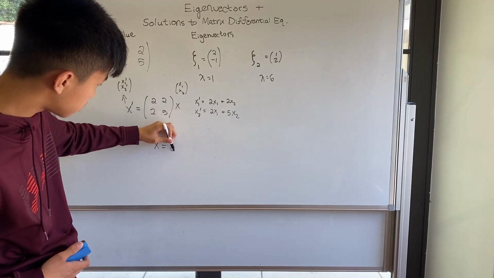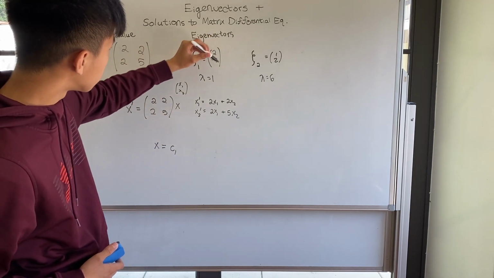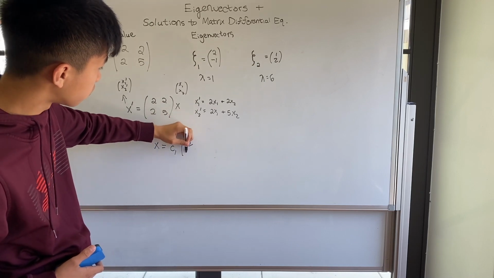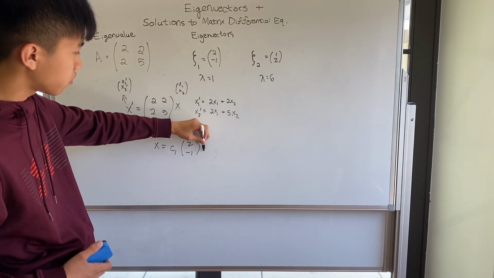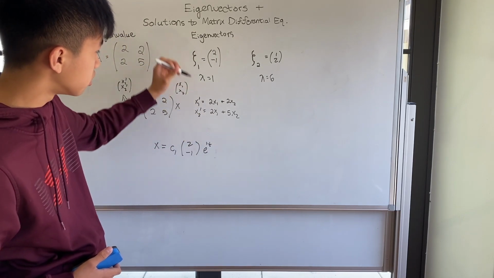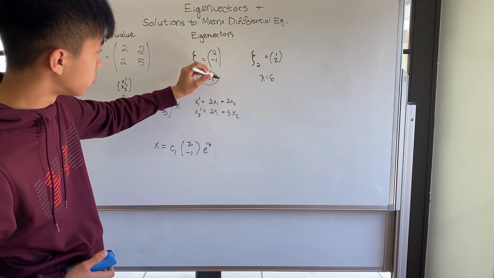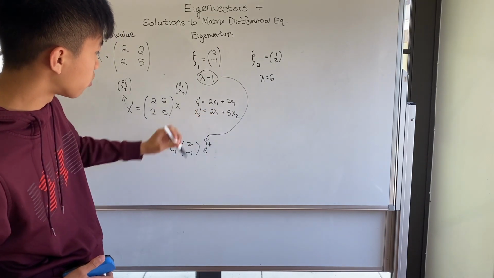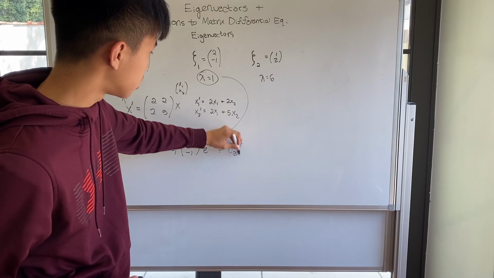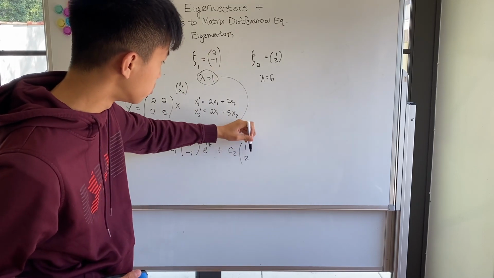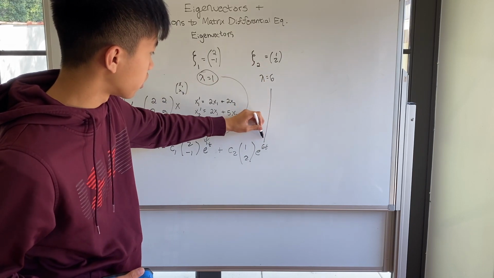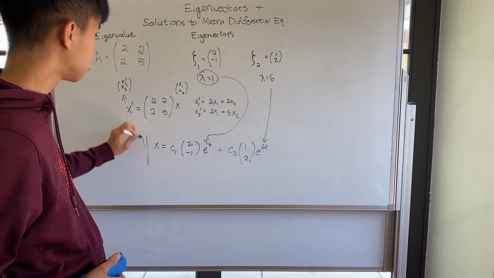Basically it's C1 times this eigenvector, 2, -1, times e to the t, the eigenvalue times t as the power, plus C2 times the second eigenvector, 1, 2, times e to the 6t, the second eigenvalue to that power. And that's basically the solution.